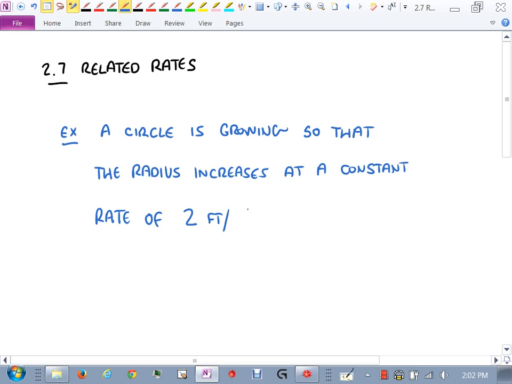Let's go per minute instead of second. So you've got this circle. It's growing. Every minute, the radius increases by 2 feet. Every minute. So it's a slow growing circle, right? But it's a constant rate.